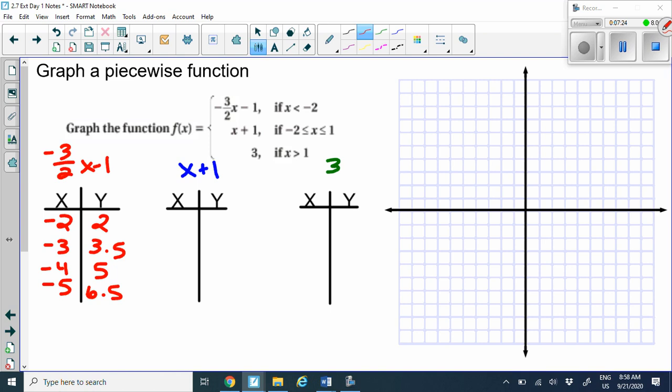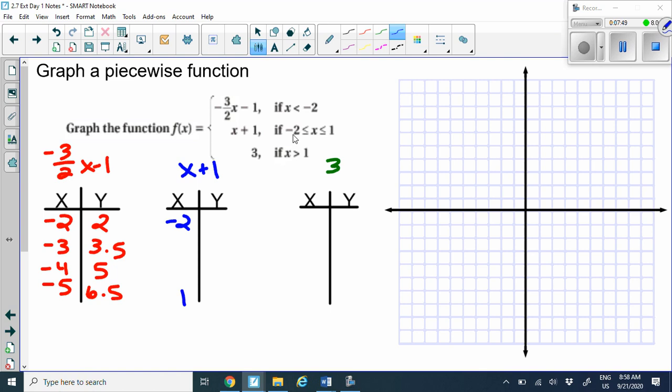Okay, now let's go on to the next one. We have x plus 1. Now notice here, this is looking a little bit different. The last ones that we've been working on, they only had 1 part to the restriction. This one has 2. Because it has 2, we have to involve both of them. So I'm going to place -2. I'm going to leave some room and also put 1.